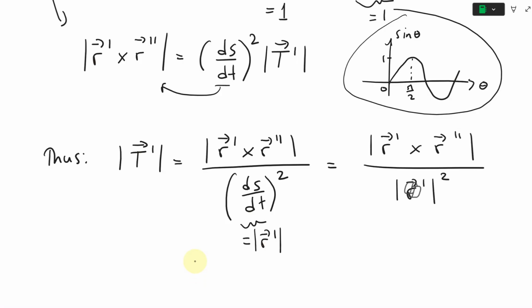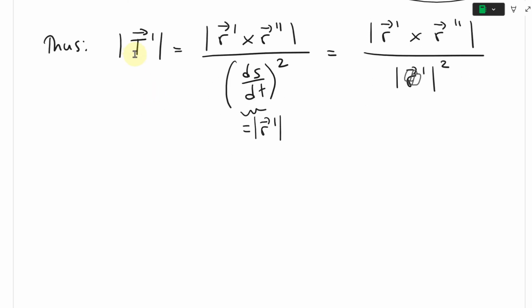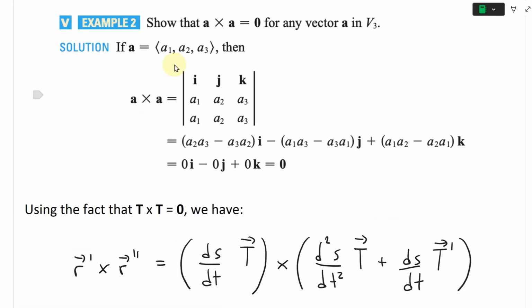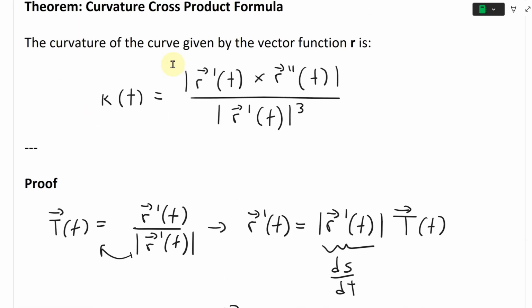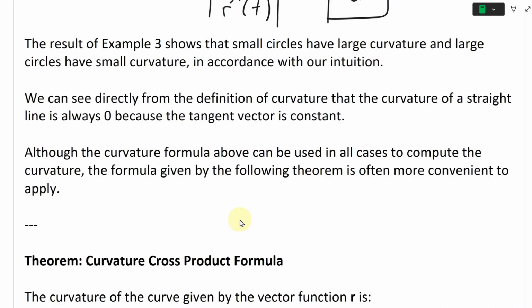So that's what the length of the derivative of the unit tangent vector is. And recall what kappa is. That's just the curvature, and that's the one we're trying to prove right here. So we have the top part and the bottom part.